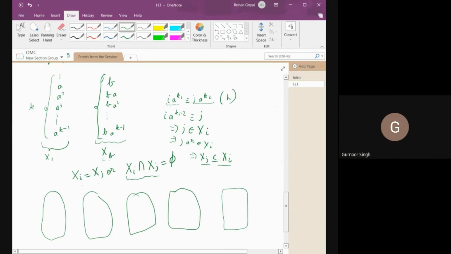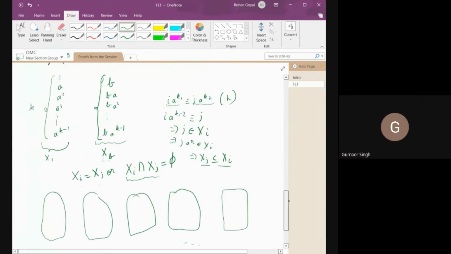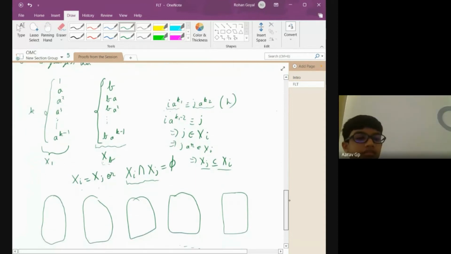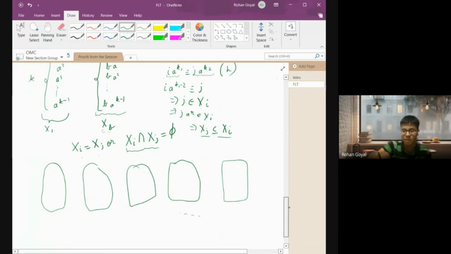For a general p, see that every element is in exactly one group now, because we have merged everything which was the same.